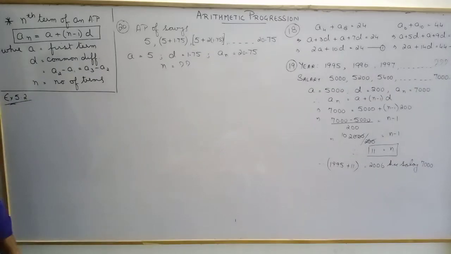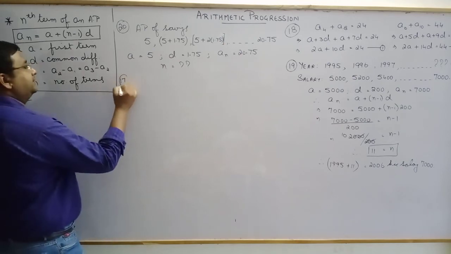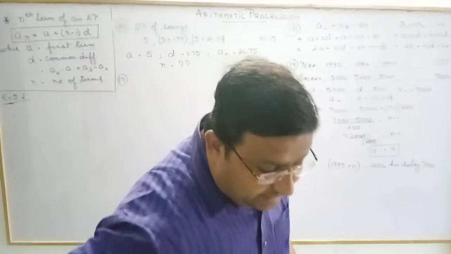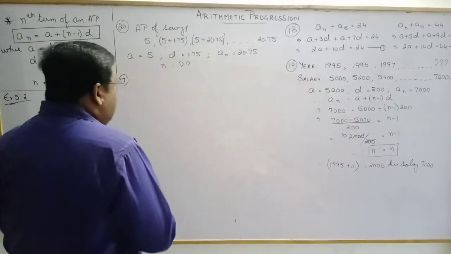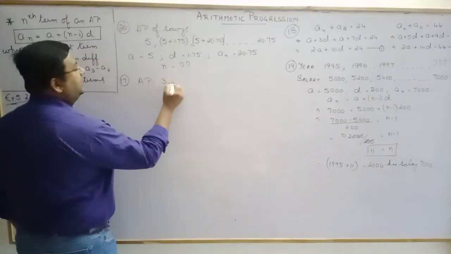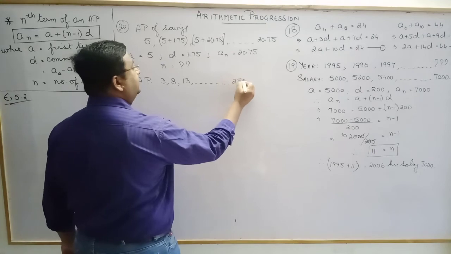Isn't it? Nothing else. But now we come down to question number 17. Important question: find the 20th term from the last term. The AP is given to us: 3, 8, 13, and so on, and the last term is 253.